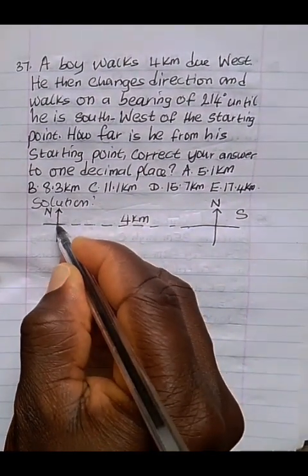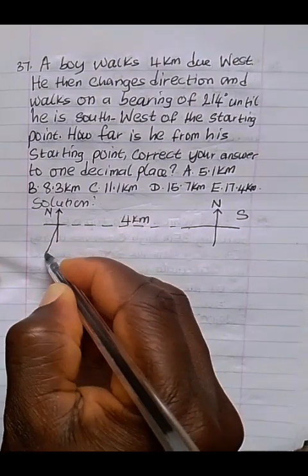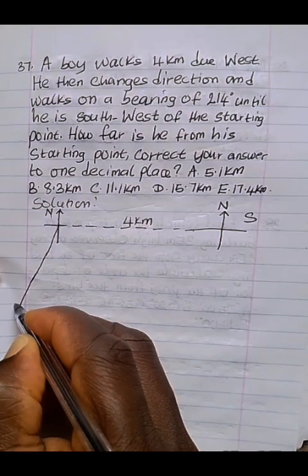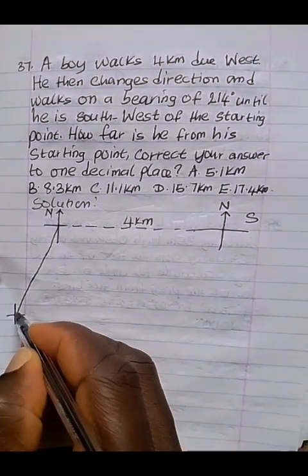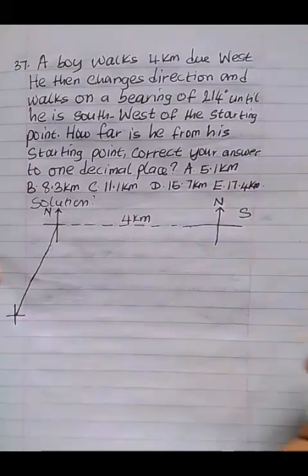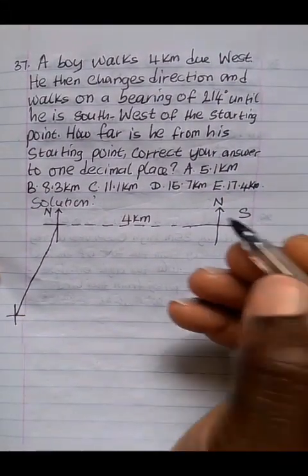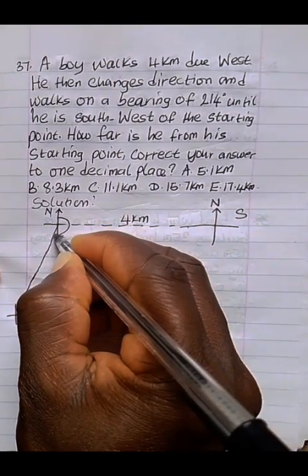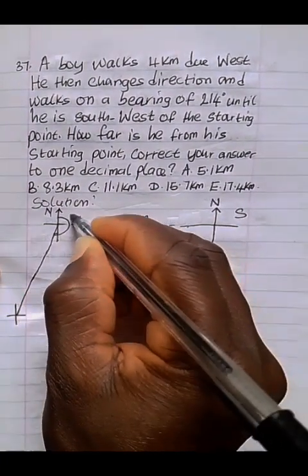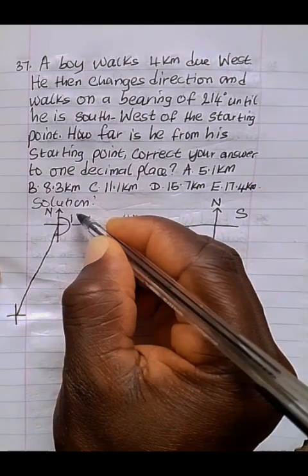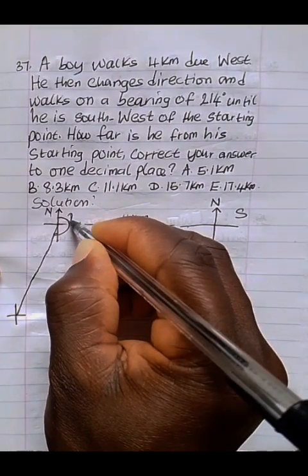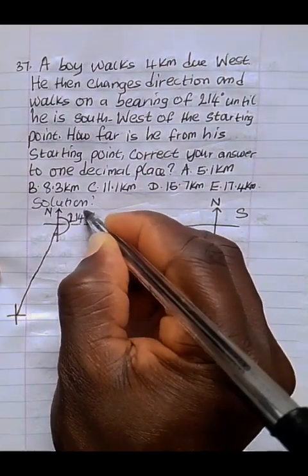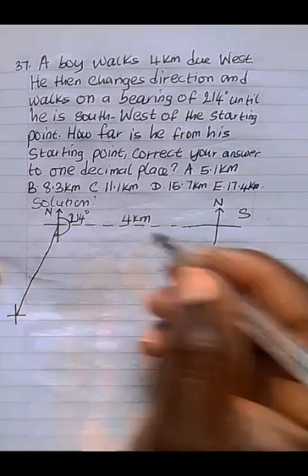We take it from here. The boy is here after covering that bearing. So from this place to this entire side is 214 degrees. We'll come back here.